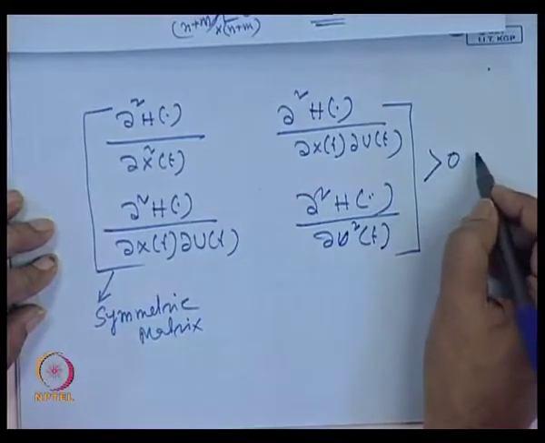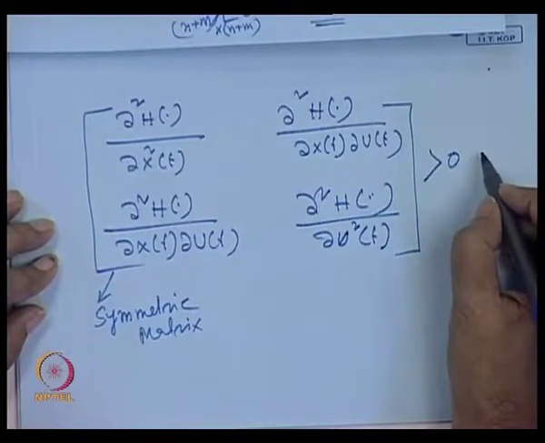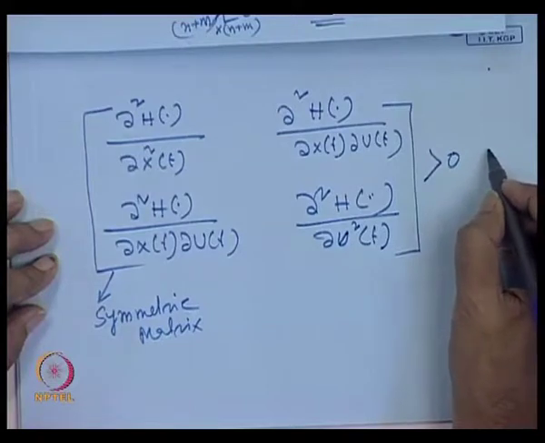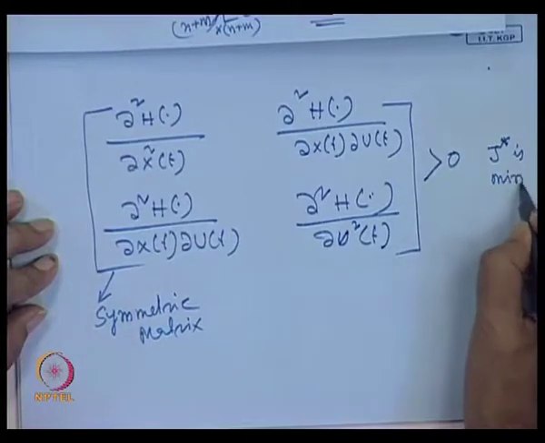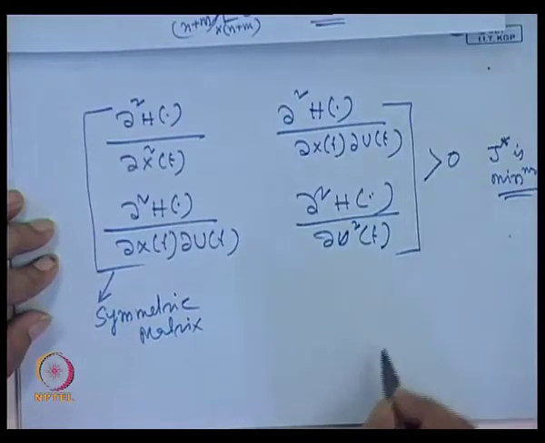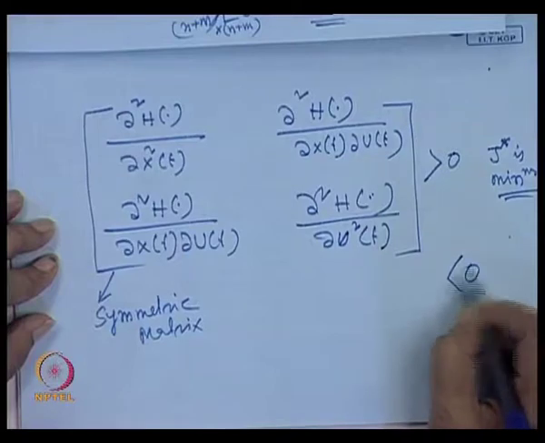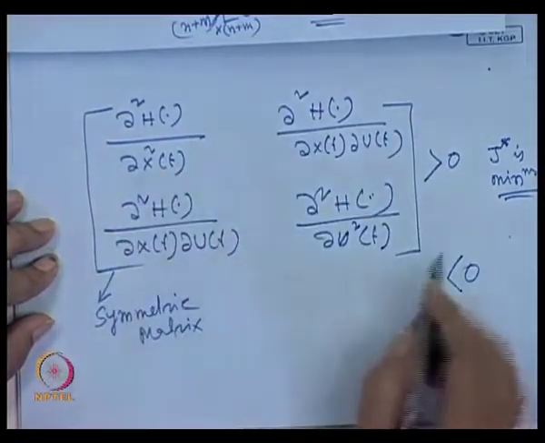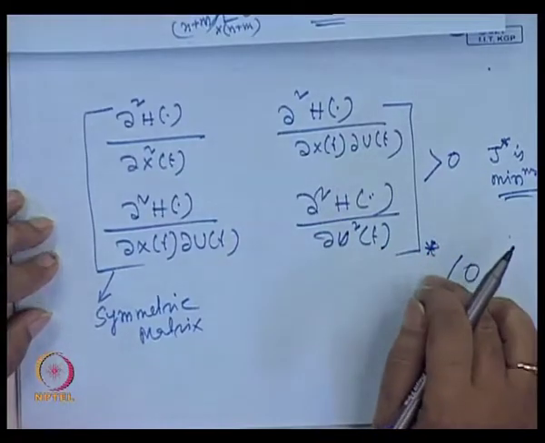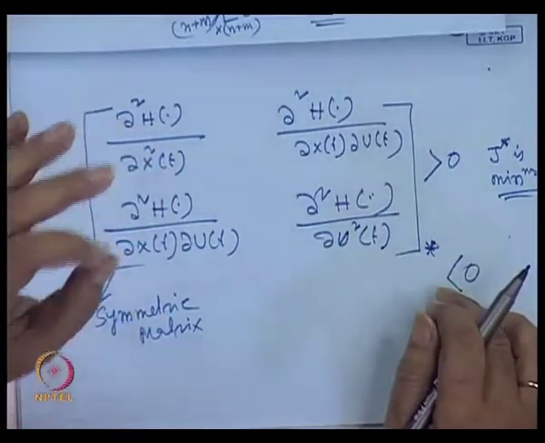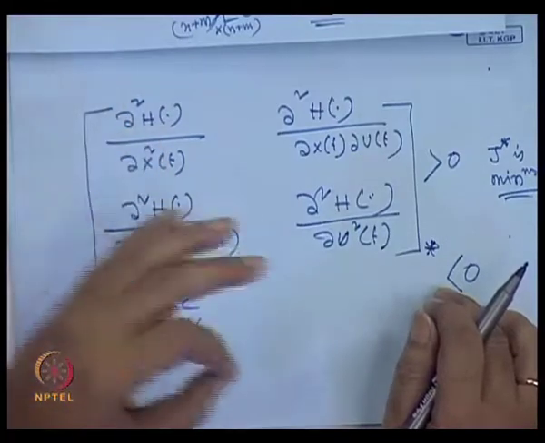If it is greater than 0, it implies that the functional value is minimum, that J star is minimum. If it is less than 0, the matrix is negative definite along the optimal trajectory we got by solving equations 1, 2, 3 and the boundary condition.